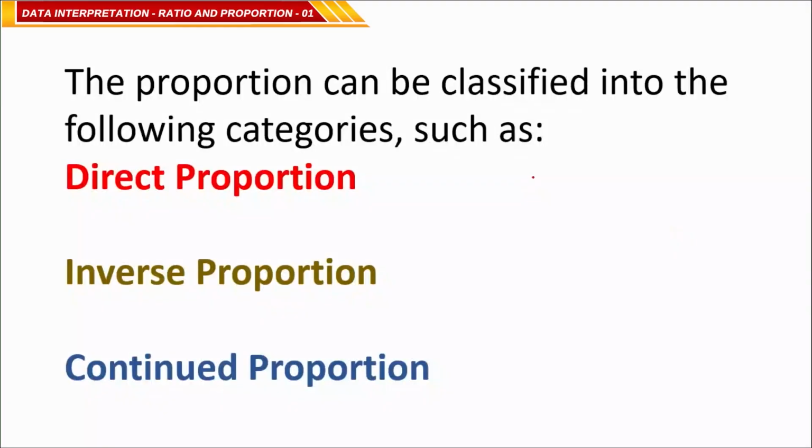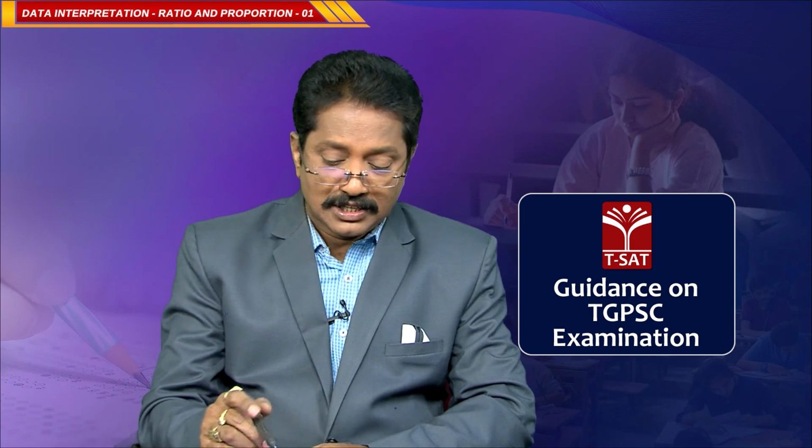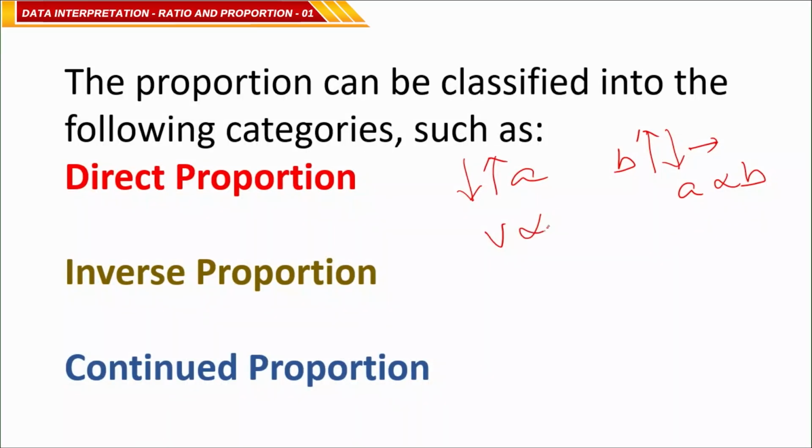If you say A and B, when A increases, B also increases. When A decreases, B also decreases. Then you can say simply A is proportional to B. Clear? Just now, when taking chemistry, in Charles' law, V is proportional to T at constant pressure of a gas.